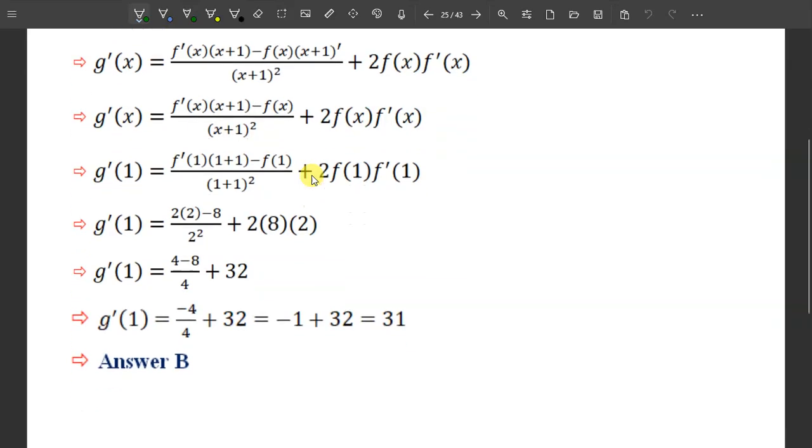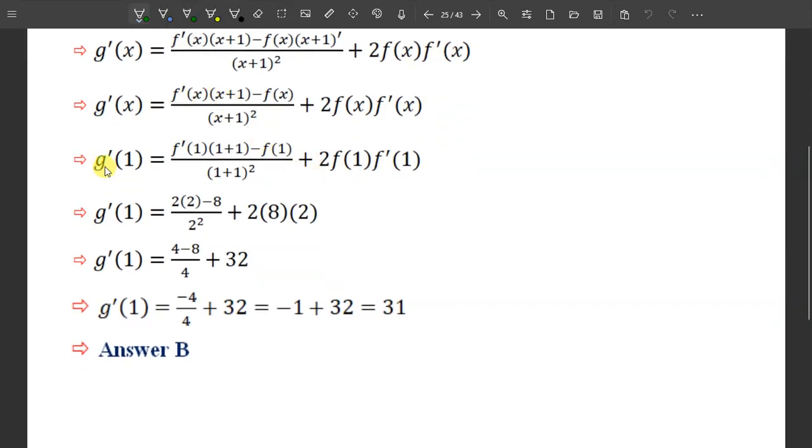And then replace x by 1, g prime of 1. That is what we are going to find. G prime of 1 is what is required, and therefore g prime of 1 is equal to f prime of 1. Here we have f prime of x, therefore replace x by 1.